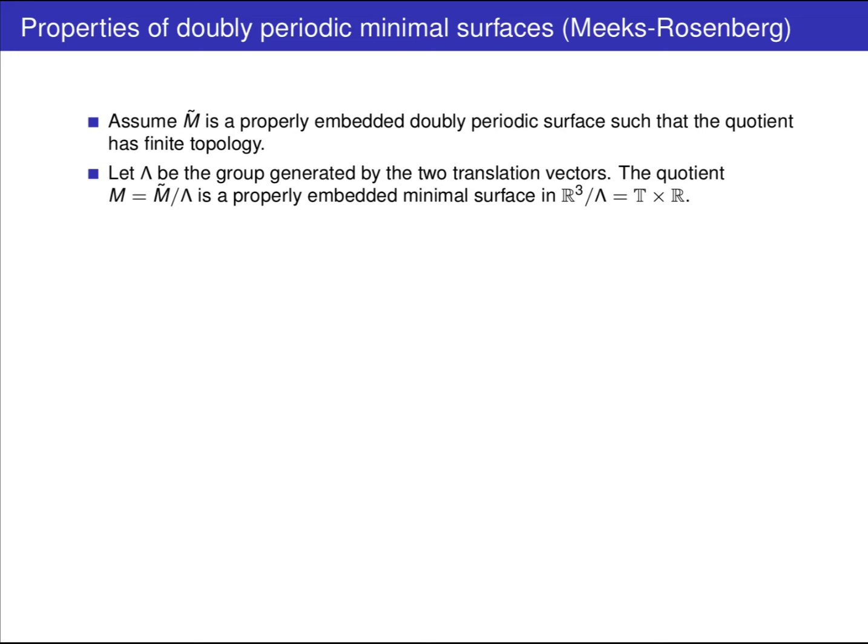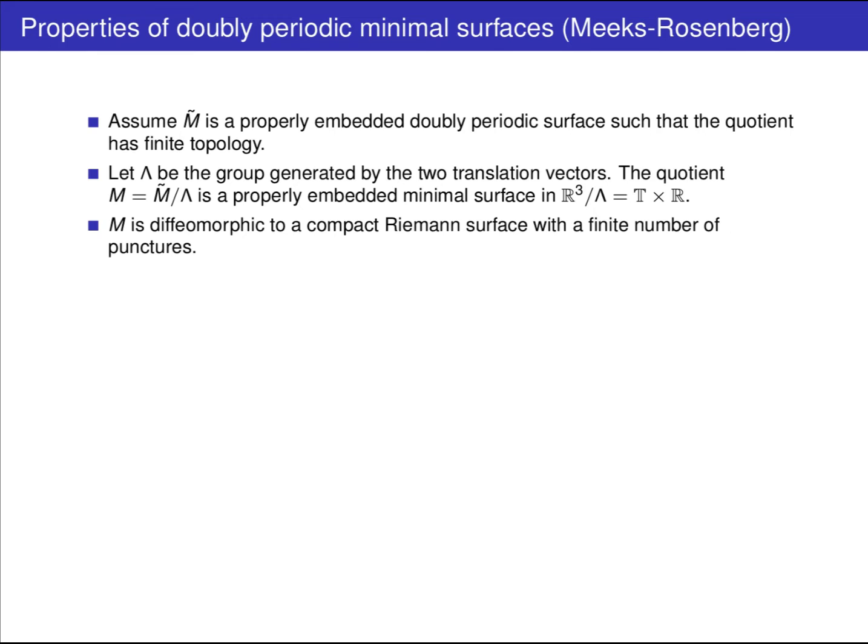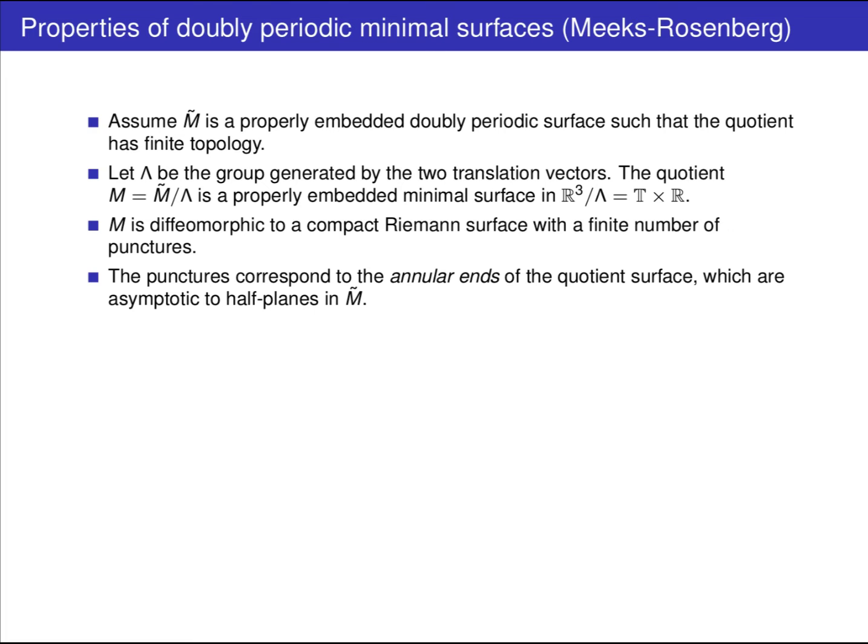The quotient M equals M tilde mod lambda is a properly embedded minimal surface in R3 mod lambda, or T cross R. M will be diffeomorphic to a compact Riemann surface with a finite number of punctures. And the punctures correspond to those annular ends asymptotic to half planes of the quotient surface, which, as I said, are asymptotic to half planes in M tilde.